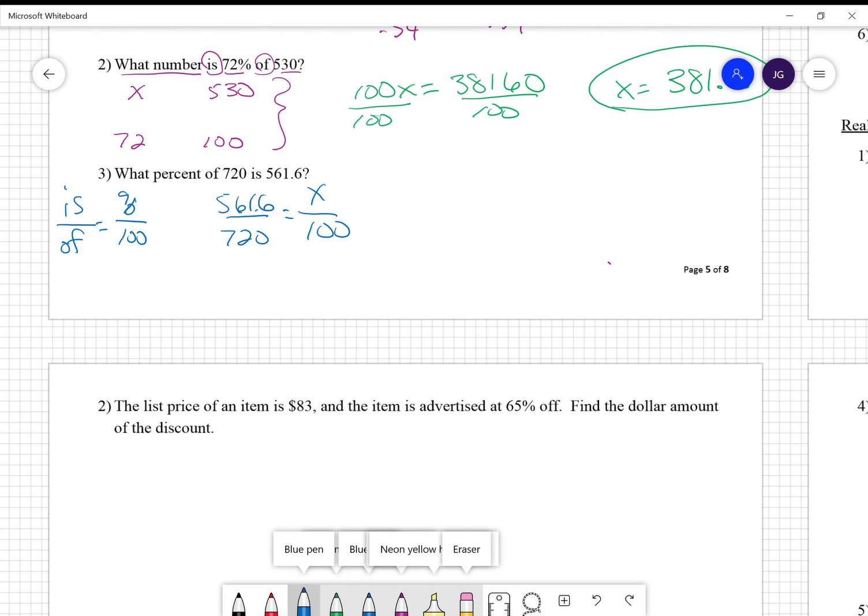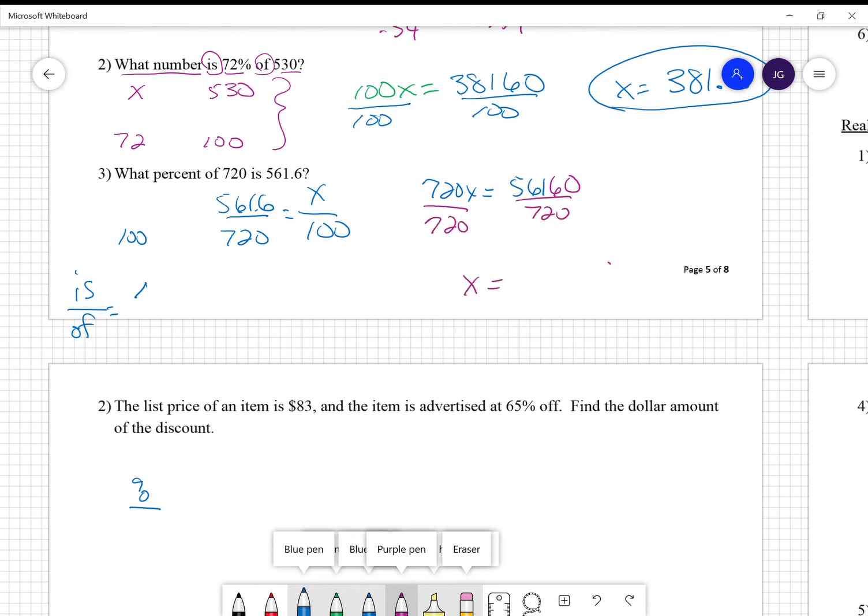Okay, I'll just use the same color. 720 times X is equal to 56,160. Divide both sides by 720, and X equals 78. And since I'm looking for percent, I have to put percent in my answer.